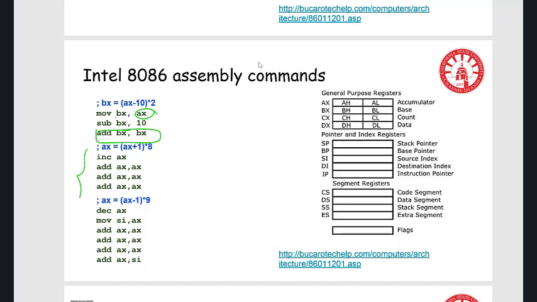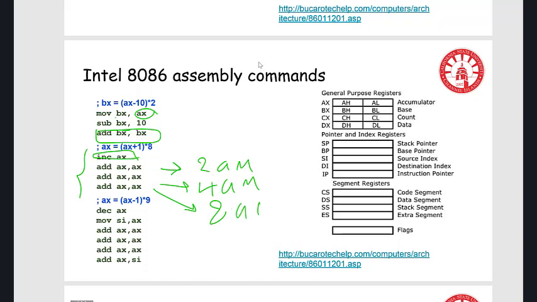So we have AX register, we increment it, we produce AX plus 1, and then here we add register AX by itself, we produce 2AX, and then in here, again, we add the content of AX with AX, so this time we produce 4AX, and finally we produce 8AX by adding 4AX with 4AX.